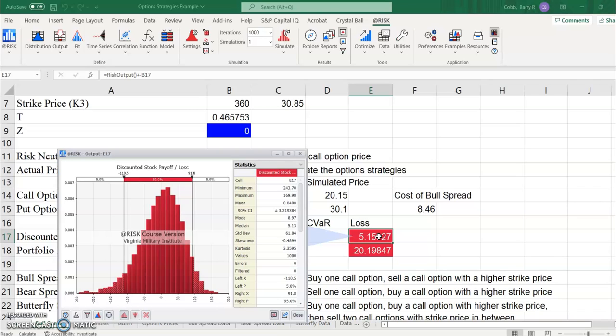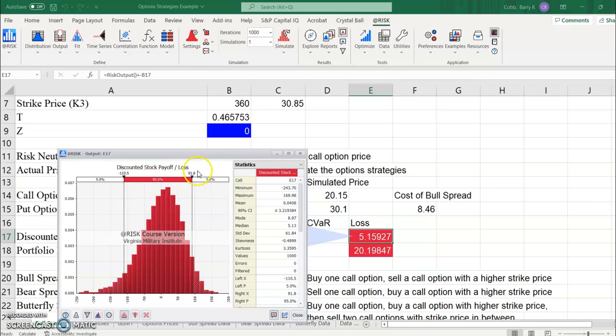So remember, in this output, positive values are losses. And so if we want to find the 5% value at risk, it is simply the 95th percentile of this loss distribution. And it's convenient that in @RISK, it's the top of the 90% certainty interval.